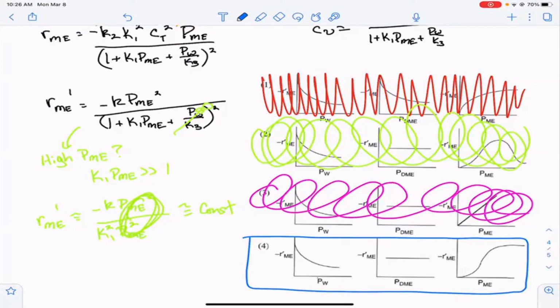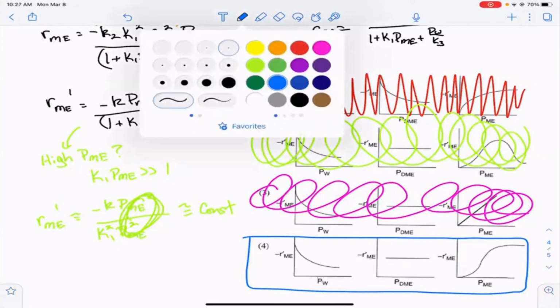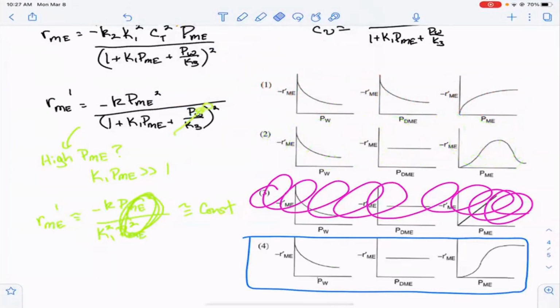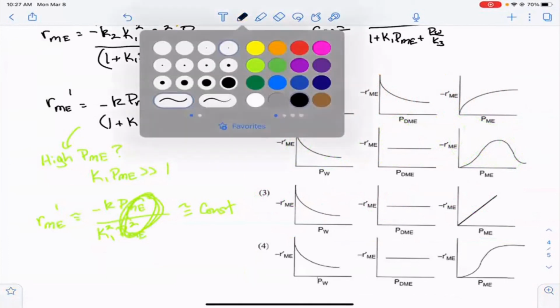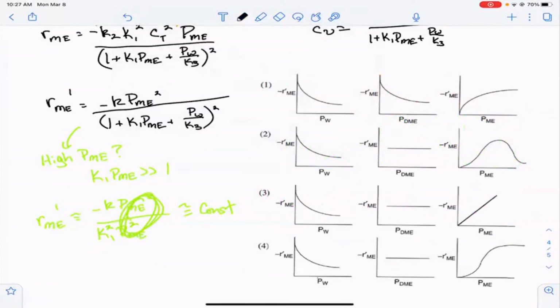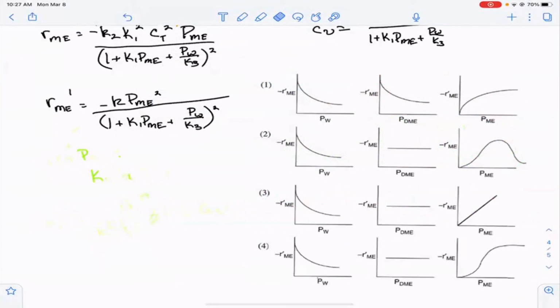Now, I promised I would also give you a shortcut way that you could have thought about this problem. And that is actually, quite frankly, very simple, I think. In lecture 18, we came up with expressions that described what should happen when we had surface adsorption, surface desorption, and surface reaction limited processes as you change the concentration or pressure of the reactant.